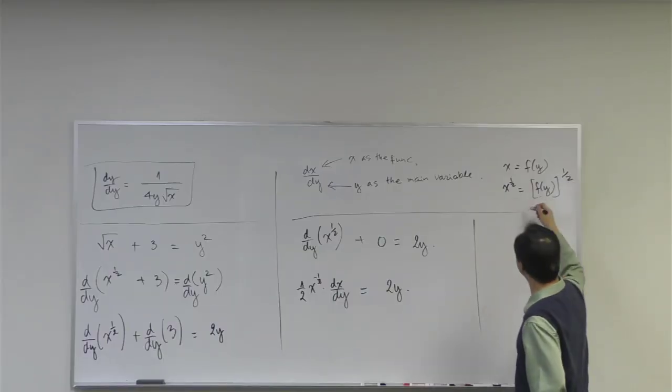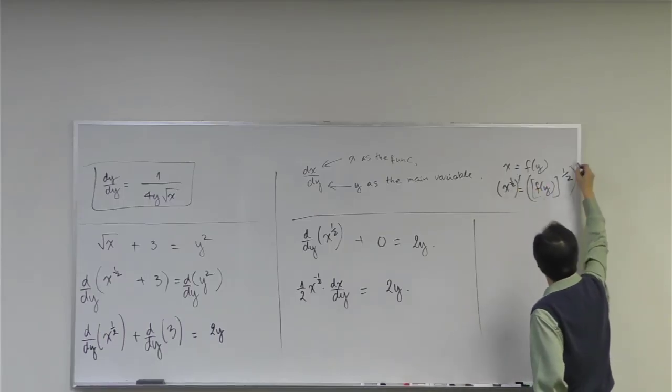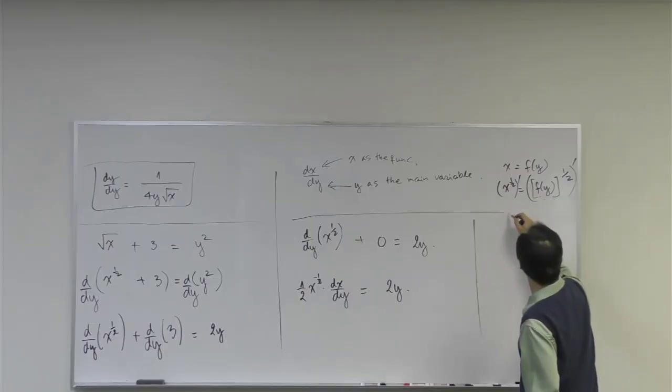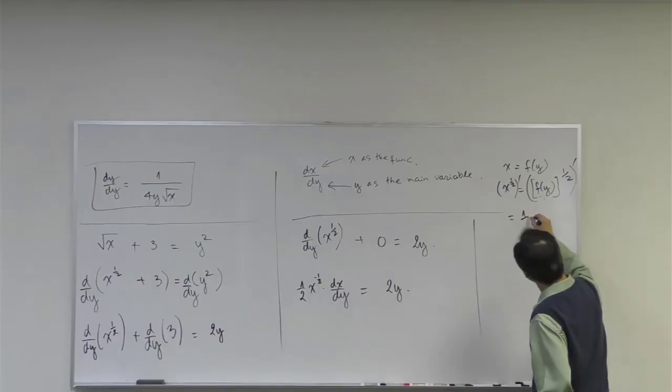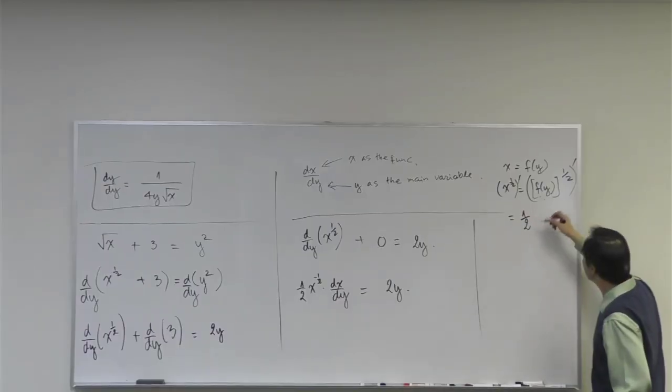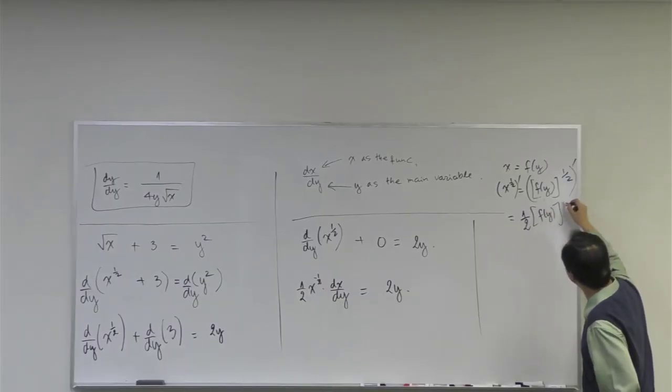So taking the derivative of that with respect to y, the outer function says we multiply that. So outer function 1/2, and we've got f of y to the negative 1/2.